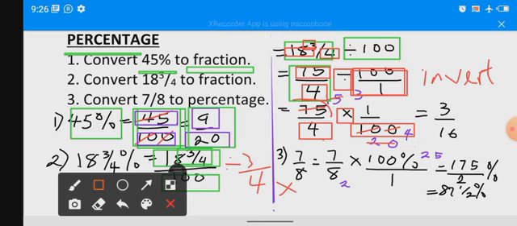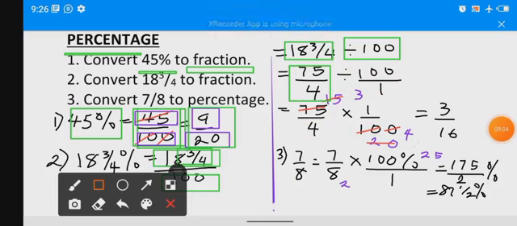What will divide 75 and also divide 100? 5. 5 will divide 75 to give us 15, and 5 will divide 100 to give you 20.